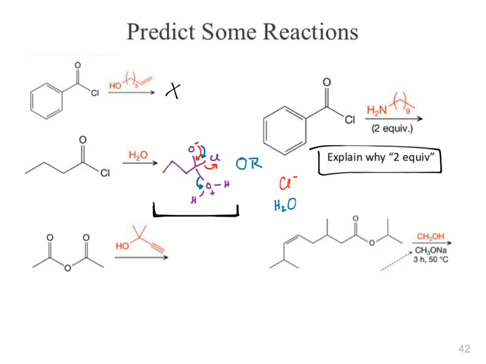Both of them make sense. Nice kind of couched term there. Let's do better than that. They're both good leaving groups. Yes. Is one better than the other, and why?